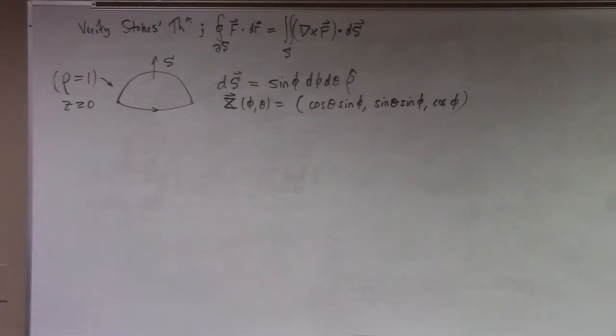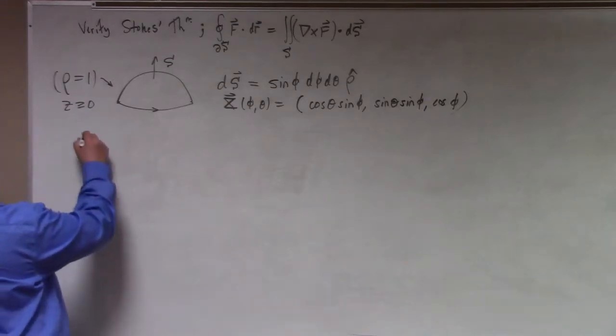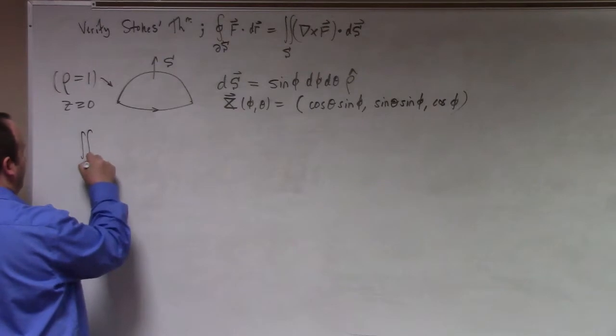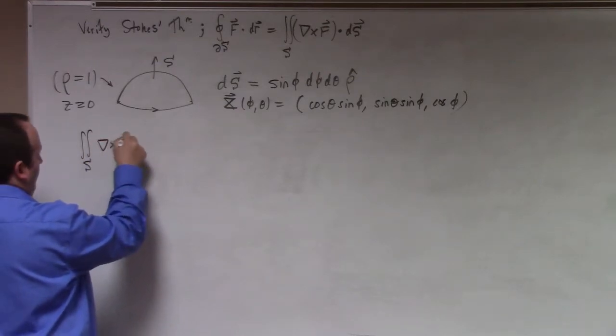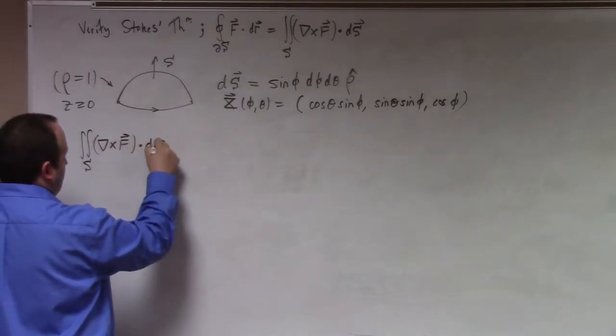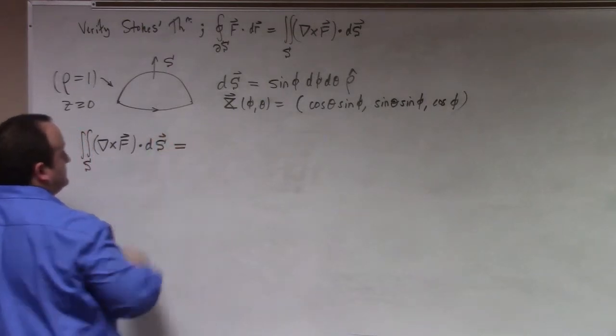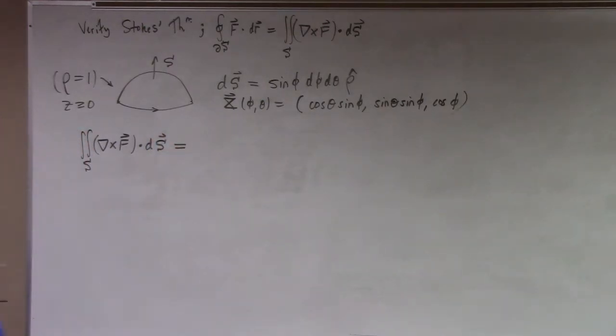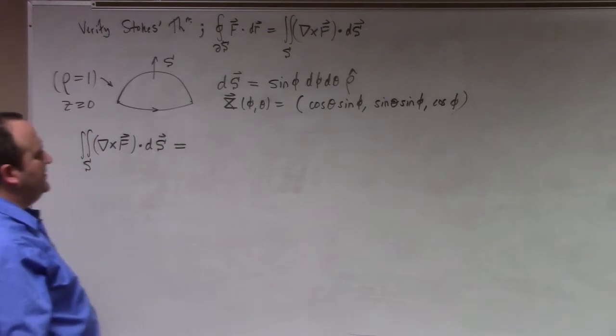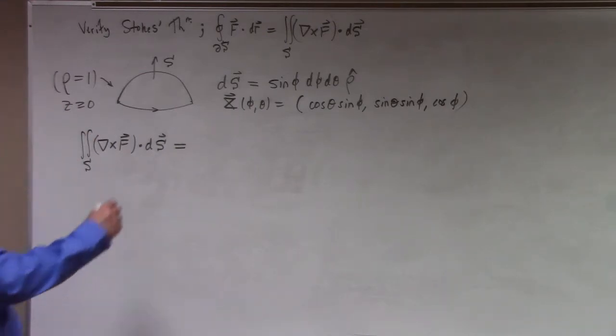So I guess I'm working on the right-hand side to start with. Integral over S of the curl of f dot dS. Now, what else can you tell me about this surface integral?